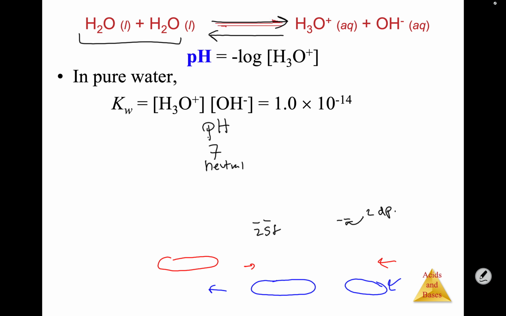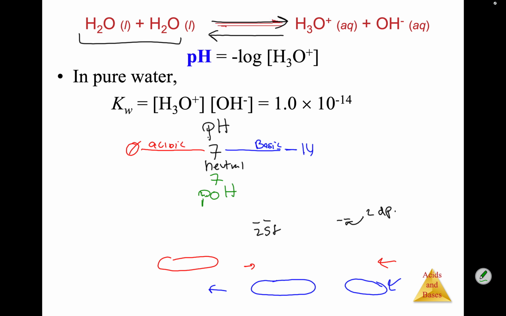When am I basic? Greater than 7 or less than 7? Greater. We typically go up to 14. When am I acidic? Less than. How about in a pOH? pOH, I'm still neutral at 7.